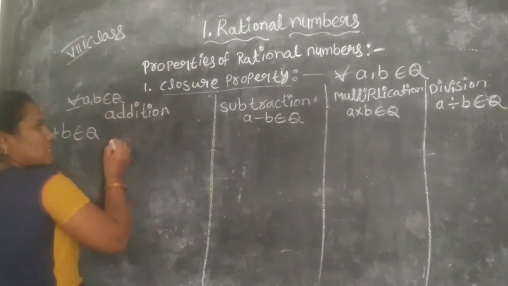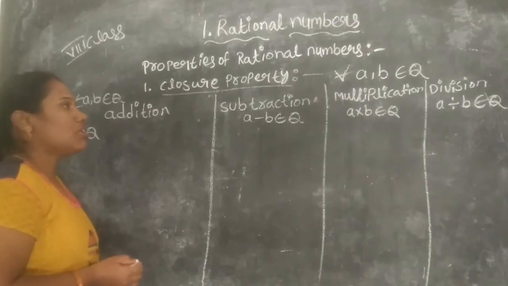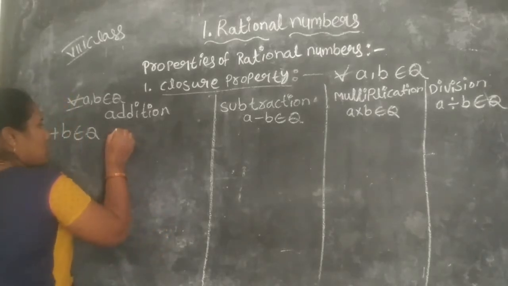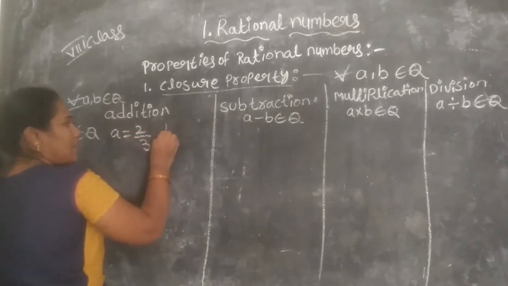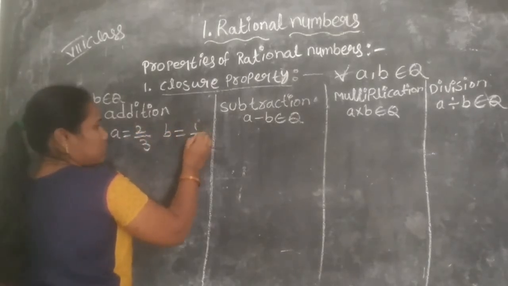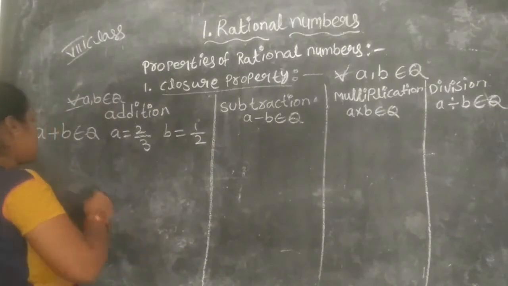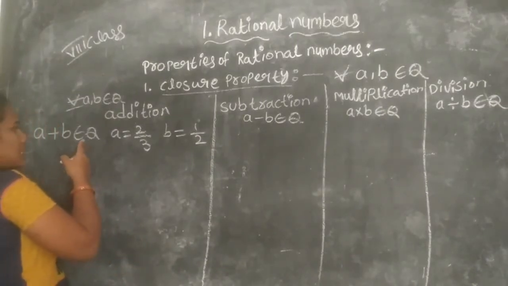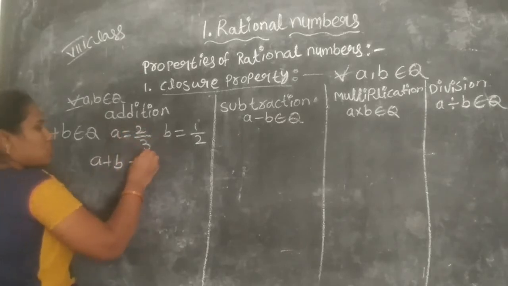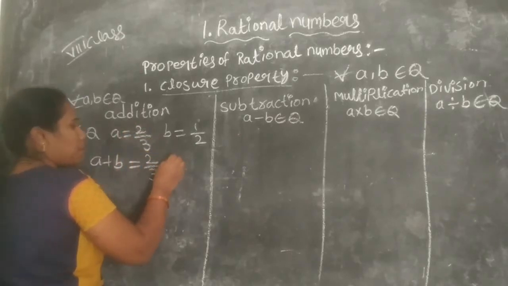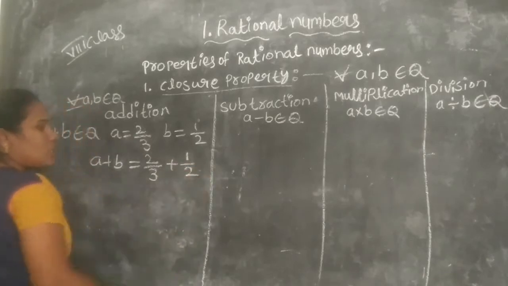So take an example. Let us prove. I am taking a as 2 by 3 and b as 1 by 2. A plus b, where the a value is 2 by 3 and b value is 1 by 2.